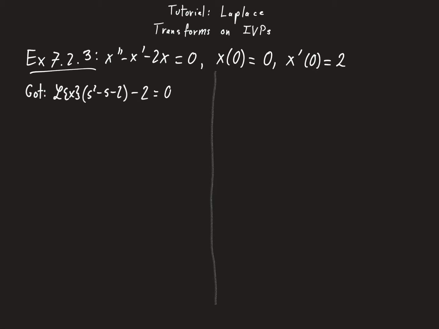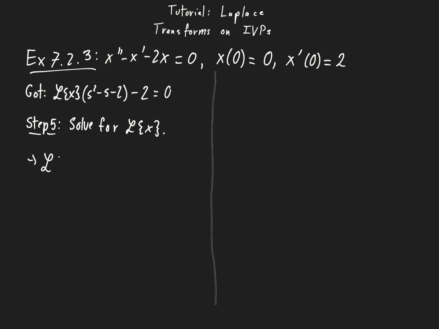Alright, so in the next phase, I believe we're on step 5 here, is to solve for the Laplace transform of x. And this does not take very long at all.